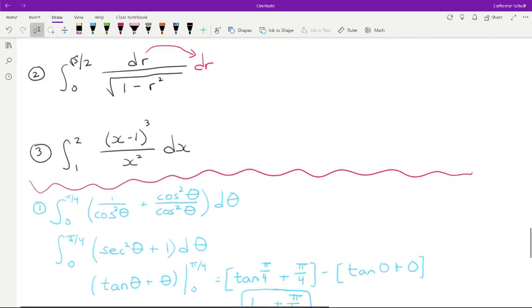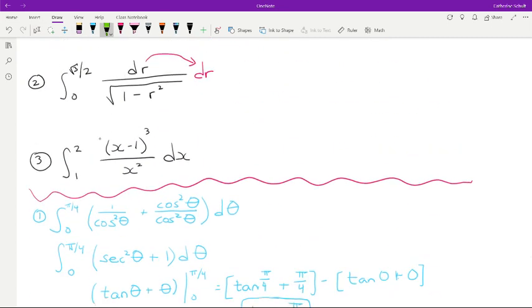And again, I don't know how to take antiderivatives or integrals of quotients. Okay, so what I'm going to do instead is I'm going to expand this. I'm going to do x minus 1 cubed. Okay, so again, you can do it 2 ways.